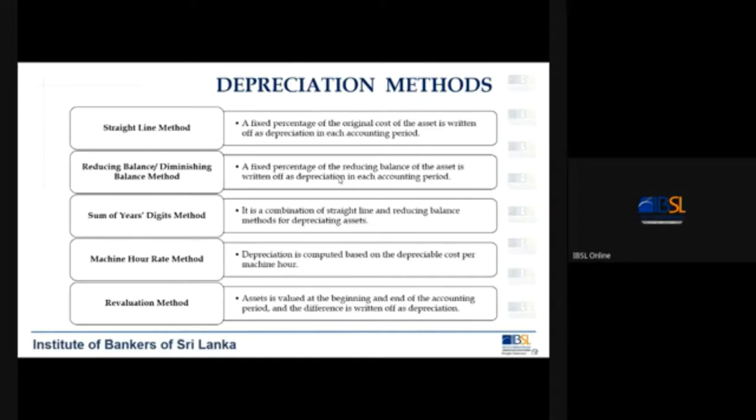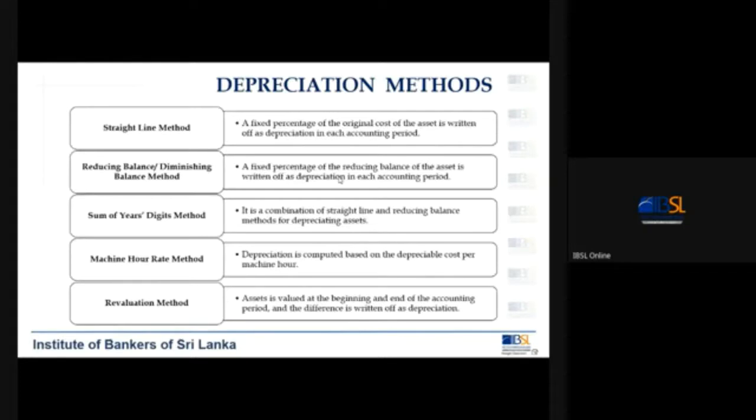But there could be a situation where property values always go up. Then you create a revaluation gain, which we will learn shortly after the depreciation methods. So the revaluation method can work vice versa. For assets like properties, land and buildings, it might get appreciated, so you don't get a depreciation. But for any other assets, if you are really doing a revaluation, you can derive a depreciation for those.